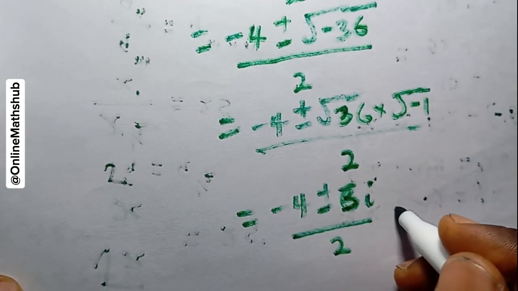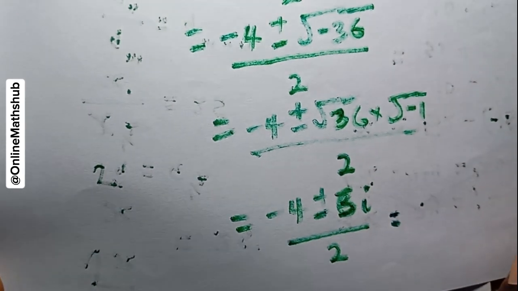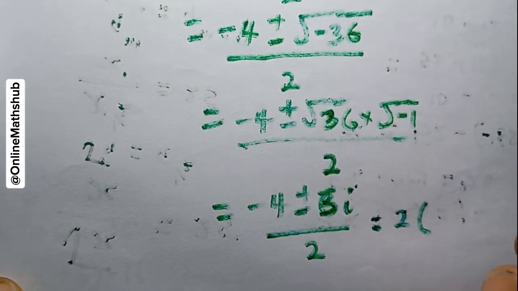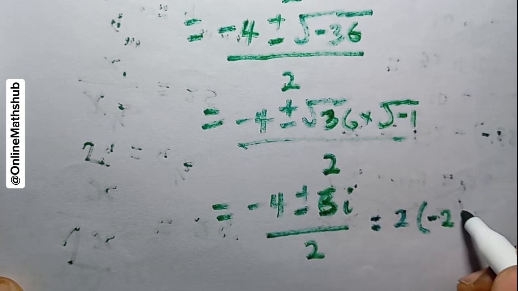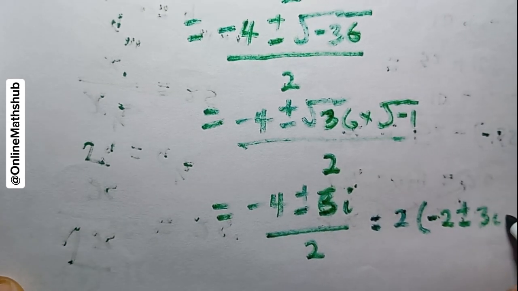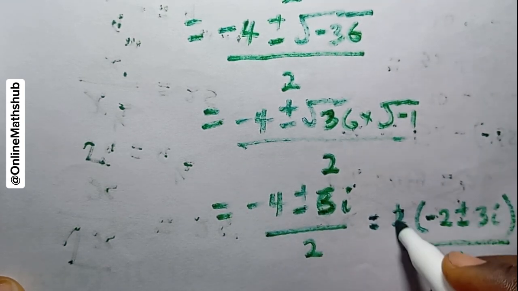I can actually factor 2 out here. So what I'm going to have is 2 times minus 2, and then plus or minus, if I factor 2 out from 6, 3 will remain, 3i, all divided by 2, so that these two can now cancel.